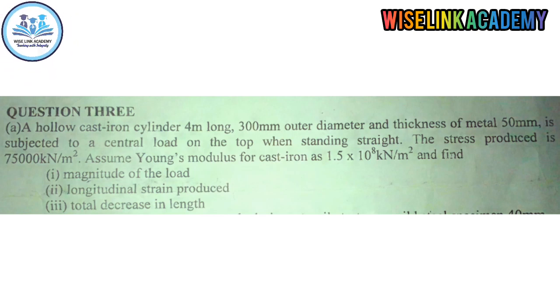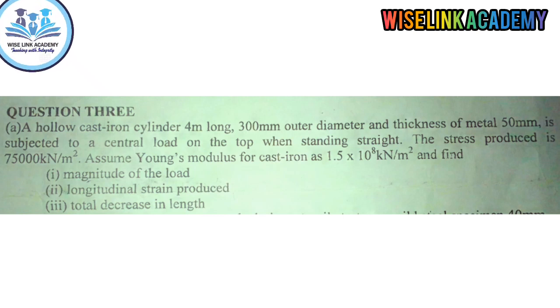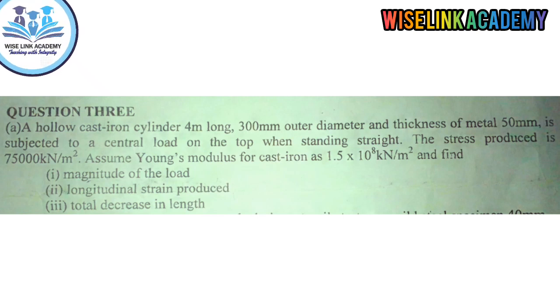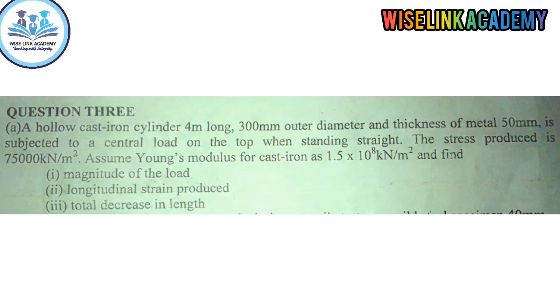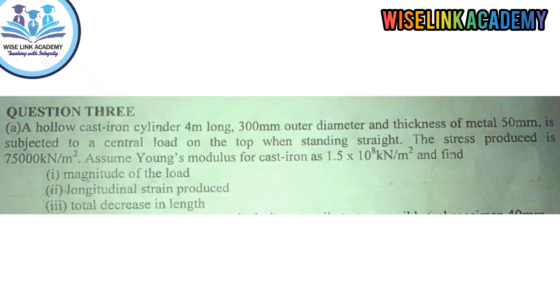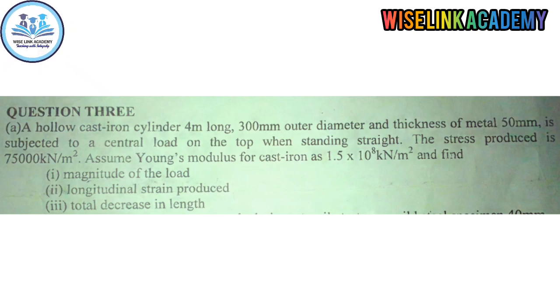The stress produced is 75,000 kilonewton per meter square. Assume Young modulus for cast iron has 1.5 times 10 raised to the 8 kilonewton per meter square, and find number 1, magnitude of the load, longitudinal strain produced, total decrease in length.